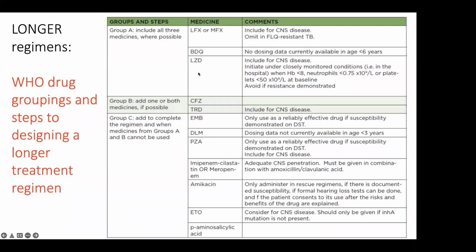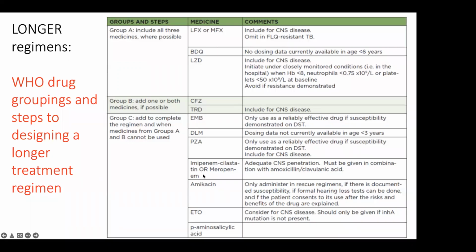But your group A drugs are very important. Your fluoroquinolones, levofloxacin or moxifloxacin, plus bedaquiline and linezolid, always in the regimen. For group B, add at least one or both, terizidone and clofazimine. If you can add both of them, it's a plus because you already have 5 drugs.